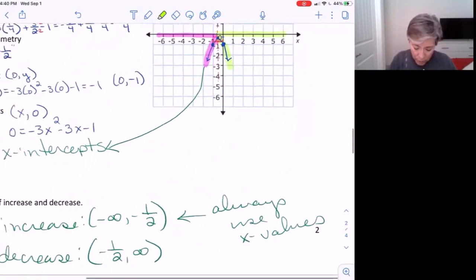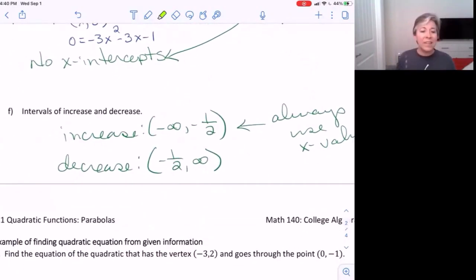Now, notice when we wrote it in interval notation, the negative 1/2 is in parentheses for both. At your vertex, which is your max or your min, it is neither increasing nor decreasing. It's a turning point. So you do not use a bracket stating that it's still increasing at that value. We'll use parentheses always.